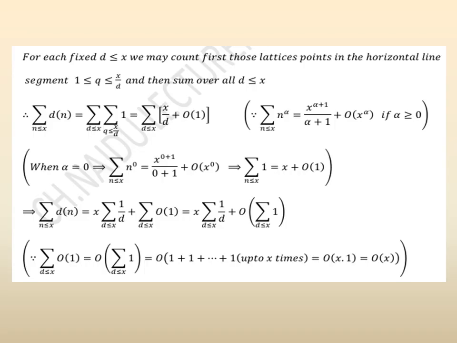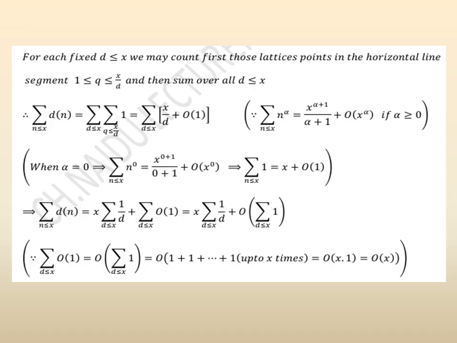Here we use the result: the summation of n power of alpha is x power of alpha plus 1 by alpha plus 1 plus big O of x power of alpha. For alpha equal to 0, the sum of n power of 0 as per this formula is equal to x plus big O of 1.